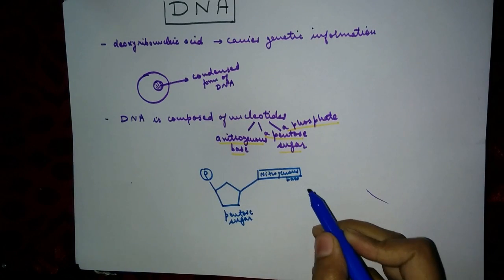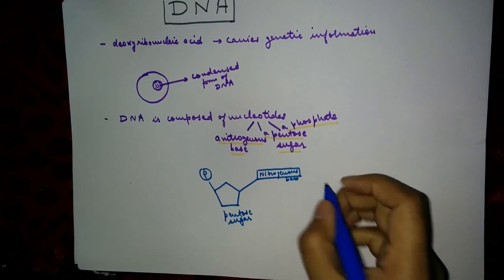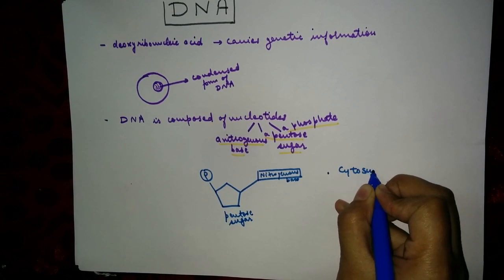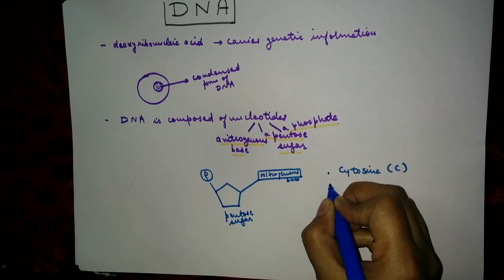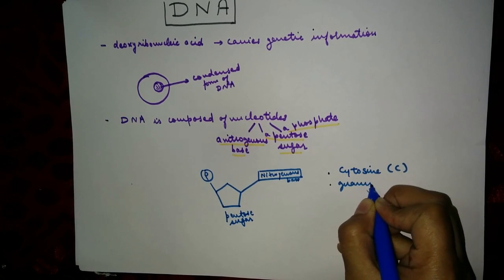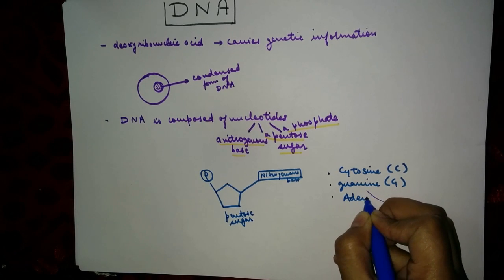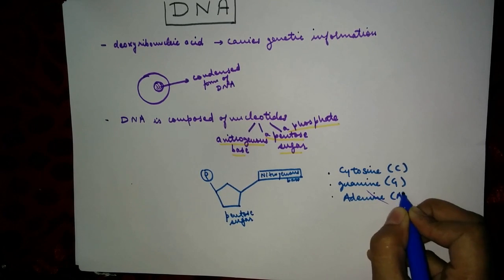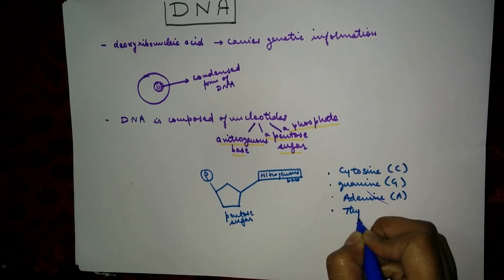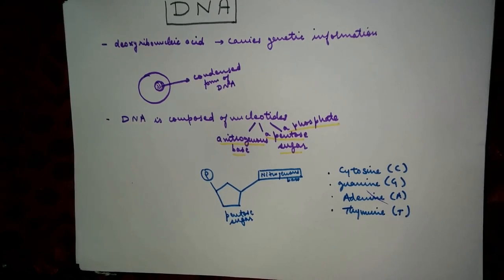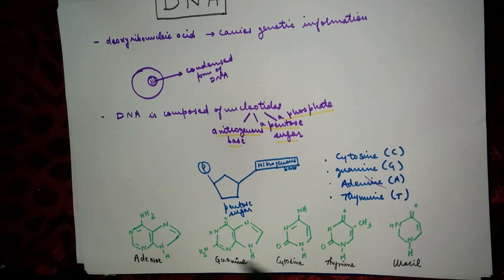Now this nitrogenous base can be any of the four nitrogenous bases: cytosine, abbreviated as C, guanine, abbreviated as G, adenine, abbreviated as A, or thymine, abbreviated as T.